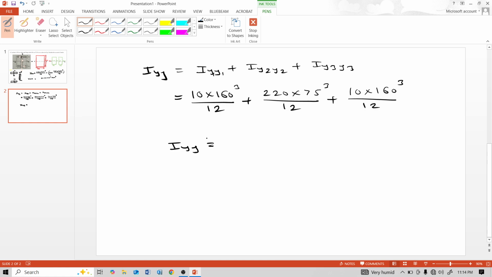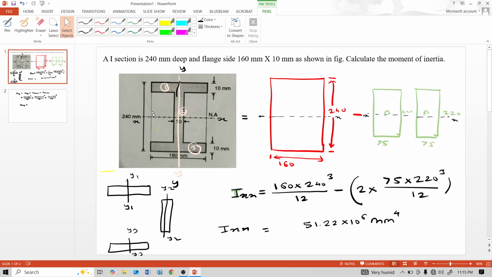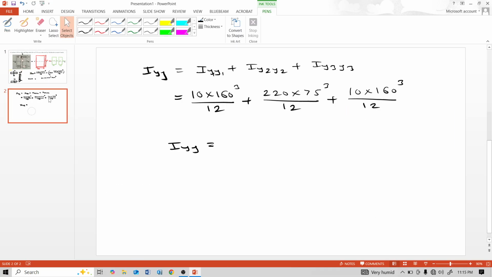So 10 into 160 cube divided by 12 plus 220 into, this is not 75 for IY2Y2, this is 10. See, this side is 10. So 220 into 10 cube.